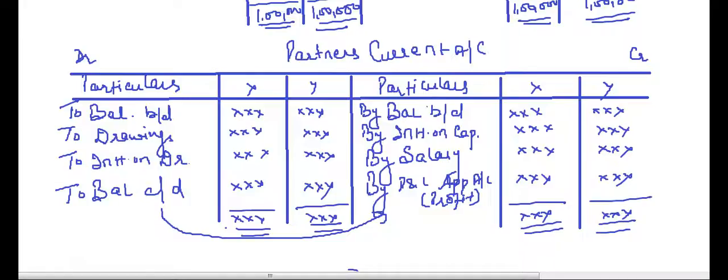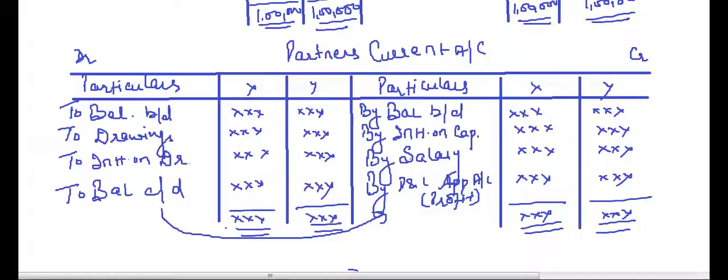We'll have either the credit balance or the debit balance of the partner's current account. And then we will record all the transactions of the P&L appropriation account, that is whatever we are distributing among the partners, like interest on capital, salary, and the profit left after all the appropriations that is distributed among the partners.